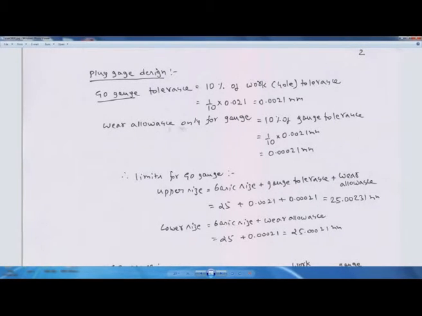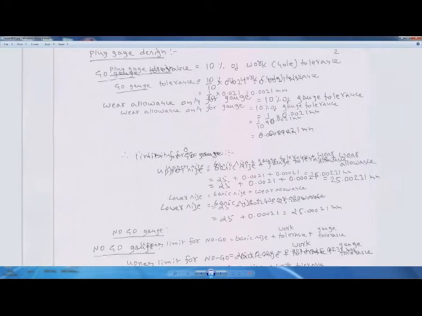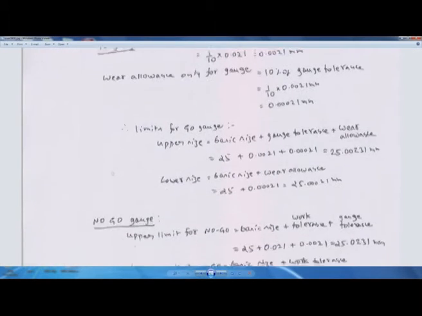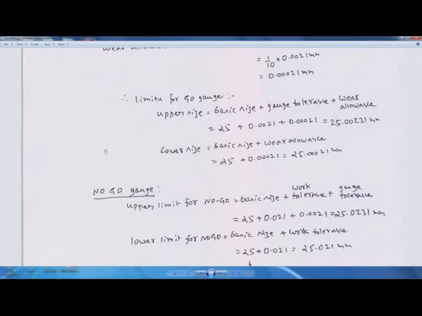So the wear allowance is provided only for the GO gauge, which is taken as 10% of the gauge tolerance. So 10% of 0.0021 millimeter will give us 0.0021 millimeter. This is the amount of wear allowance provided on the GO gauge. Once we find the gauge tolerance and wear allowance, we can fix the limits for the GO size.